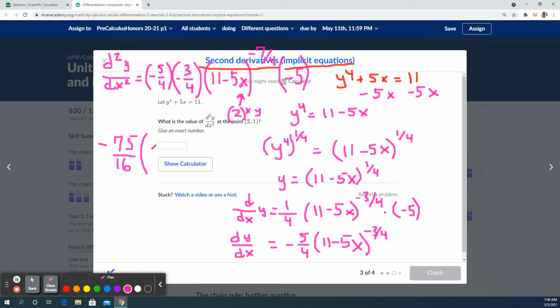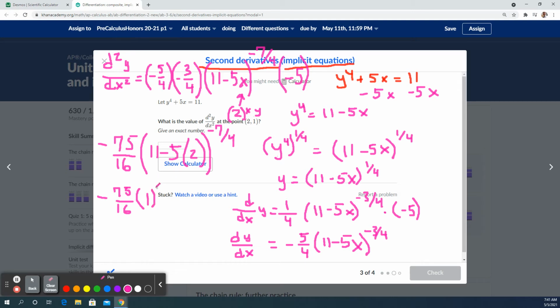And this is going to be (11 minus 5 times 2) all to the negative 7/4. Simplifying some more, we have negative 75 over 16 times (11 minus 10), which is just 1.